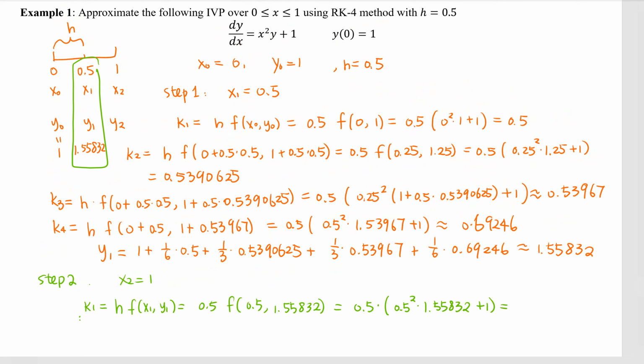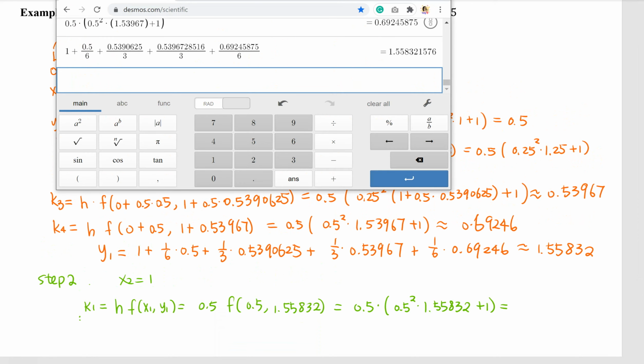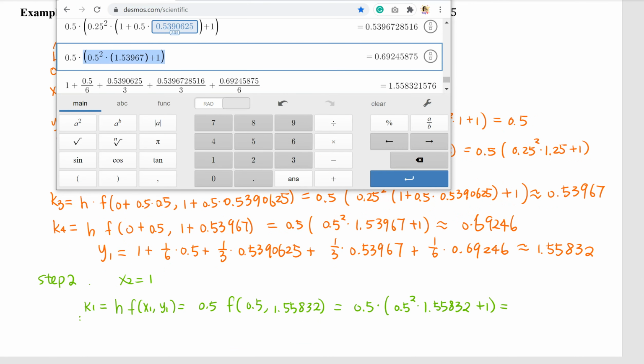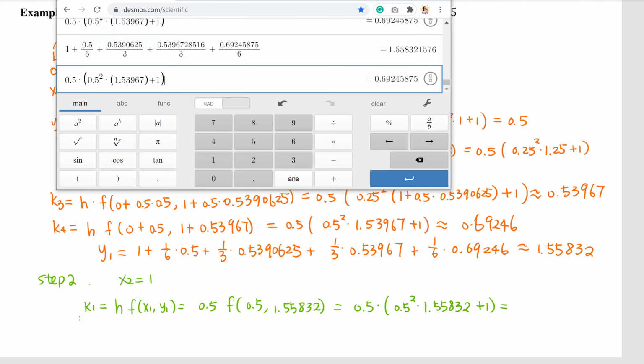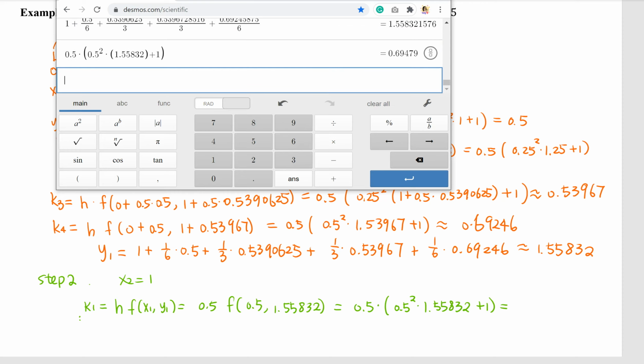Okay, what is the answer? So calculator. Let's copy this guy. Okay, what do we need to change? Oh, change this to 5832. Right, everybody? Okay, so we get 0.69479.